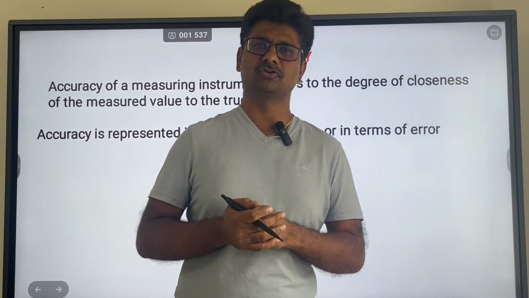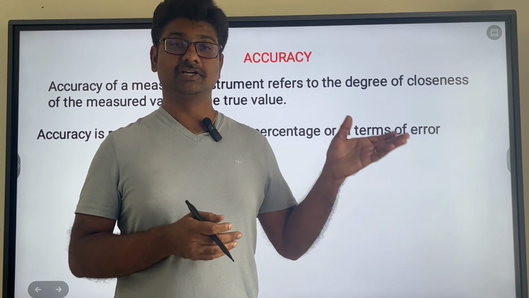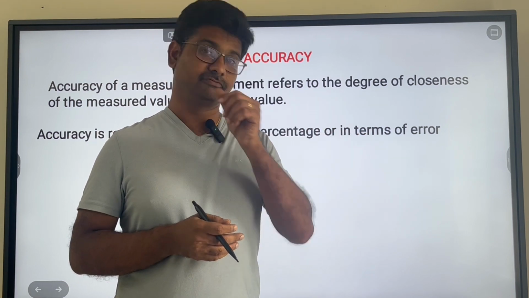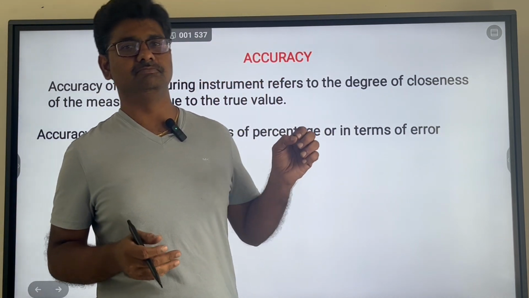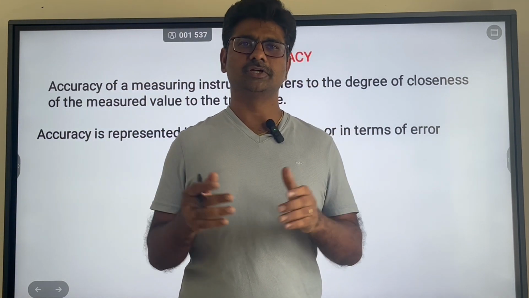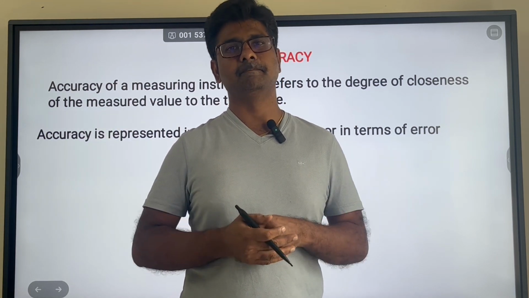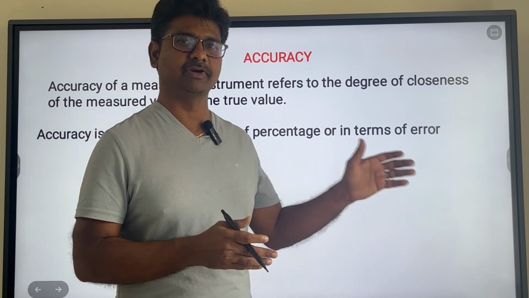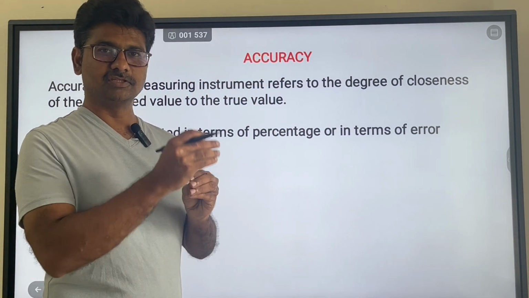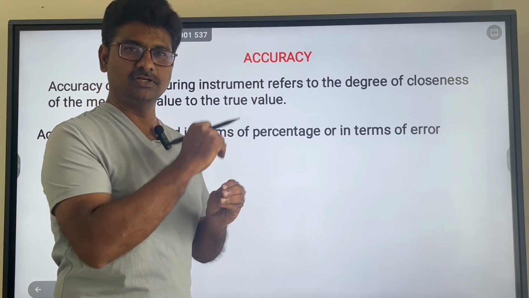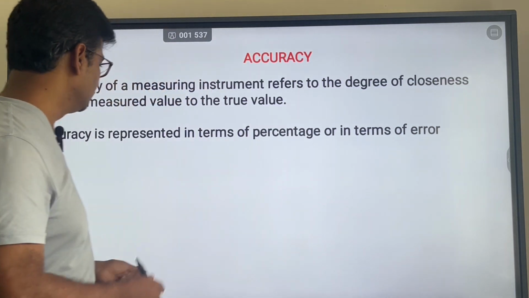There is a wild guess from your side that the vehicle is moving with a velocity of 80 km/h. If the vehicle is moving at a velocity of 85 and you say it is moving at 80 km/h, you are close to that. You are so accurate. Someone says it is 70, you are better than them, right? So you are more accurate compared to others. So accuracy means how closely your value is to the actual value. Here actual value means true value. So what is true value? Let us see what is true value.